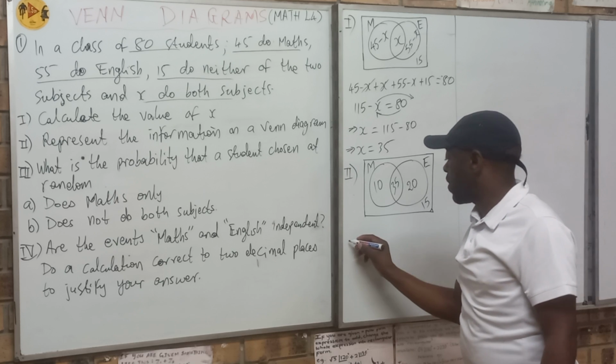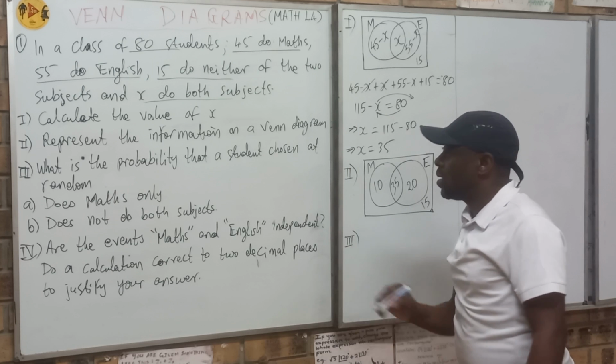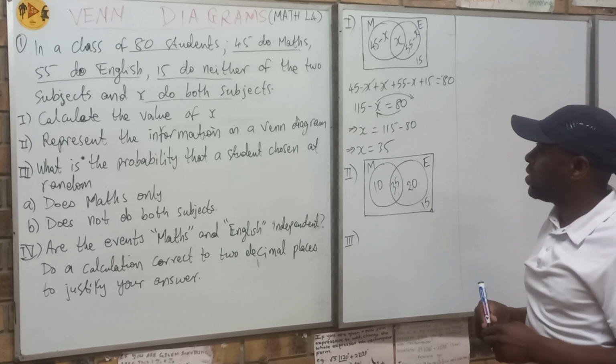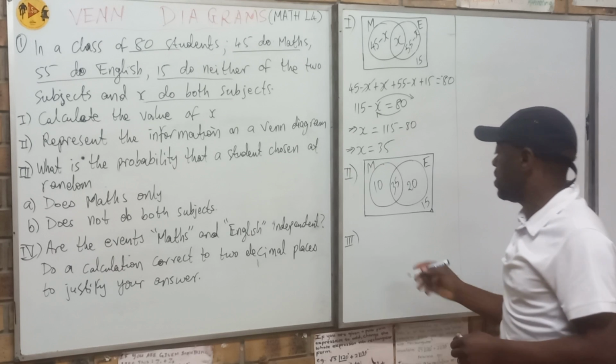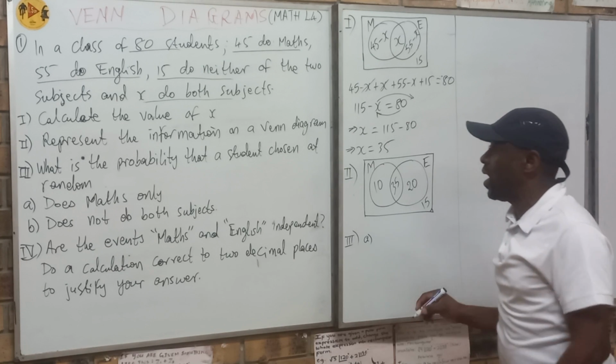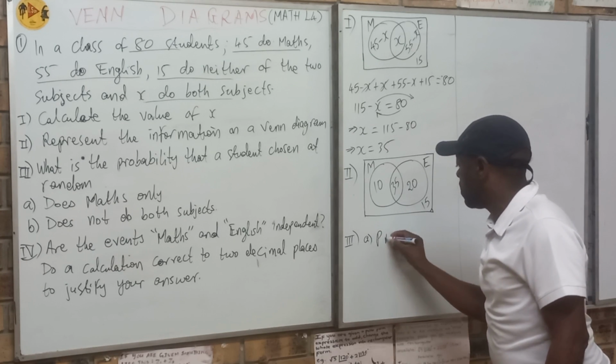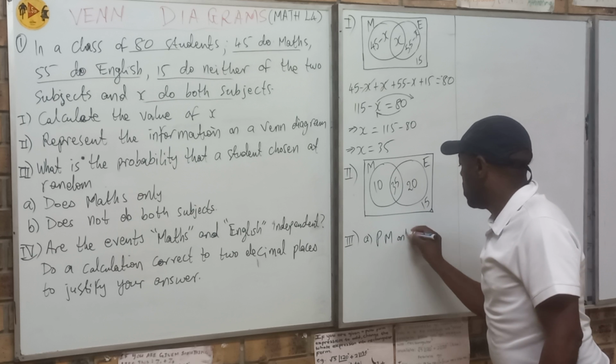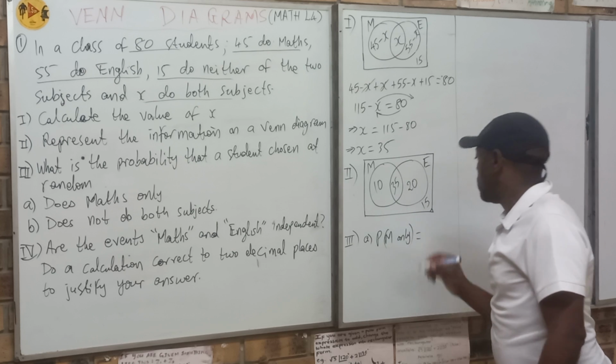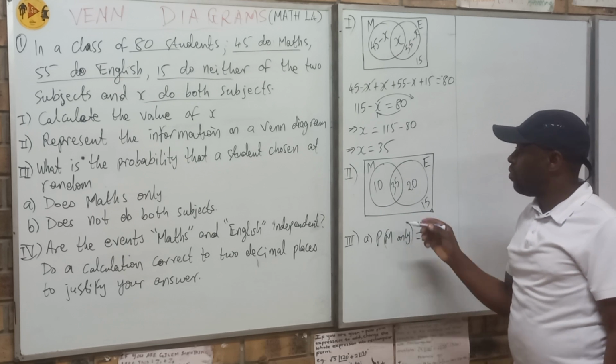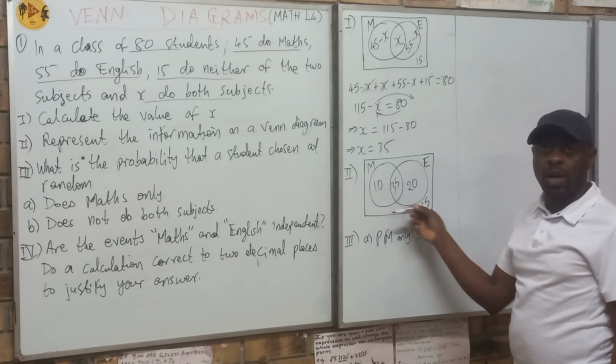So Roman 3 says, what is the probability that a student chosen at random does mathematics only? So if you go to Roman 3a, the probability of M only, we are simply trying to figure out whether you can pick the portion called M only.